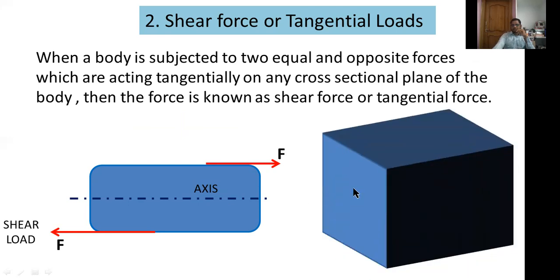This is an example for a cube. Here the force just touches the top surface. Now this force just touches the bottom surface. These two forces are not acting on the planes, they are just passing along the outer surface.